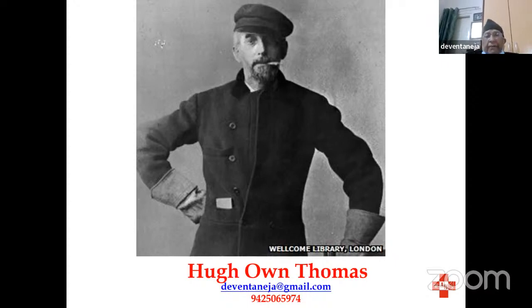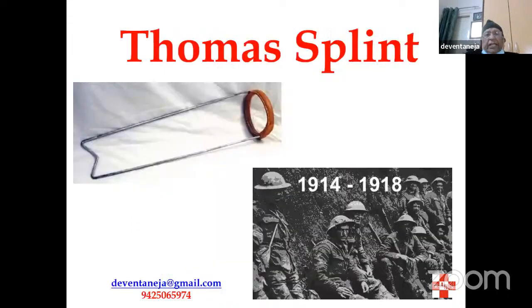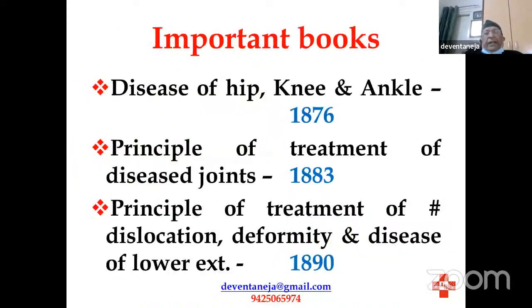This was his philosophy. The Thomas splint, you all know how popular it is and how it saved many patients in wartime from undergoing amputation. And during the 19th century, some important books started coming.